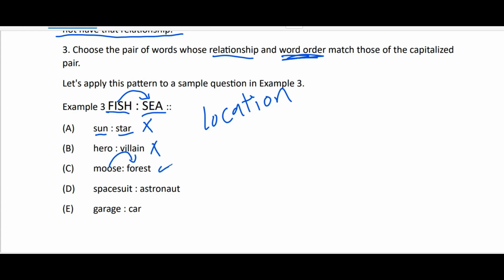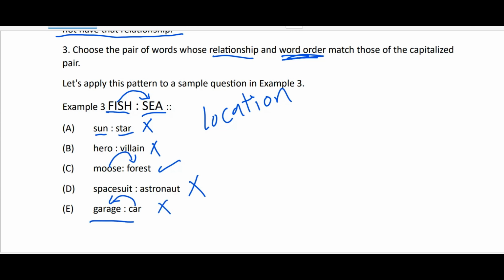So this is correct. Let's look at D, space suit and astronaut. Can we find the space suit in the astronaut? No, a space suit cannot be found in the astronaut. Garage and car. Actually, this is a location relationship. We can find the car in the garage. But the problem is this is not in the same order.